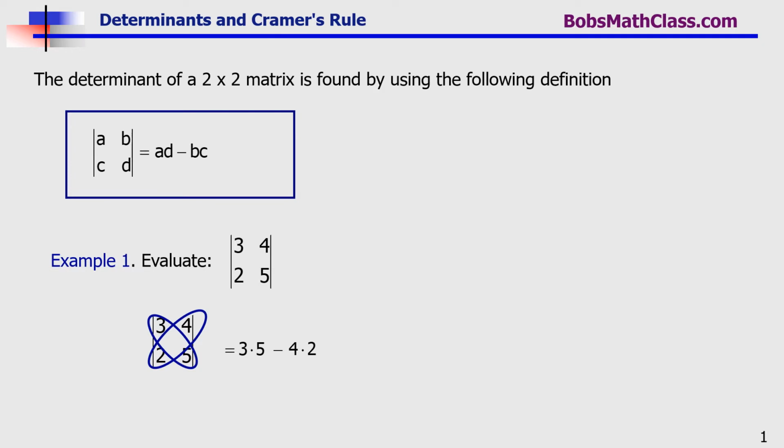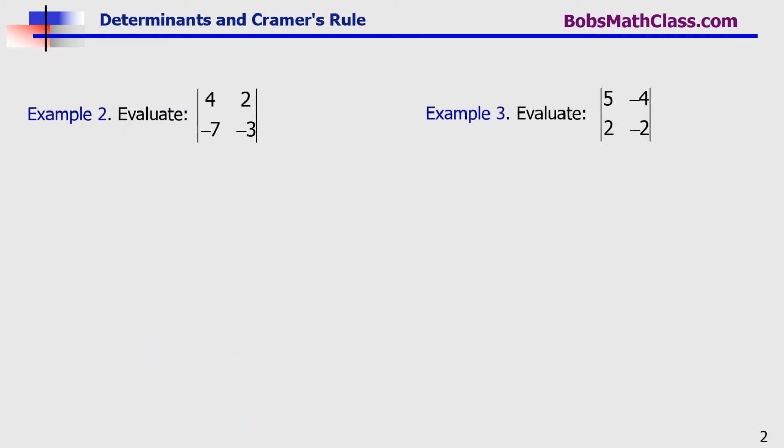And then work that out. So 3 times 5 is 15 minus 8. Okay, I know it doesn't mean anything right now, but it'll make a little more sense in a little while. So 15 minus 8 is 7. Well, let's try a couple more.